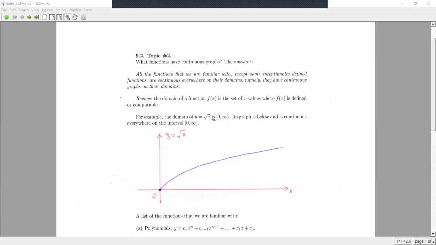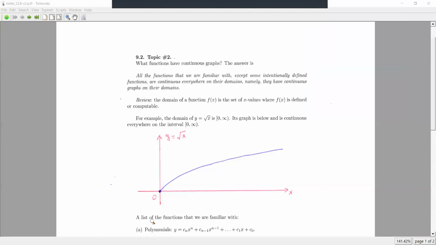If you plug in a negative number, say -1 in x, then your calculator will say an error, not computable. But if you plug in 0 or a positive number in x, then your calculator is computable. The graph of square root of x is this curve. This curve is continuous everywhere on the domain, everywhere between 0 and positive infinity.